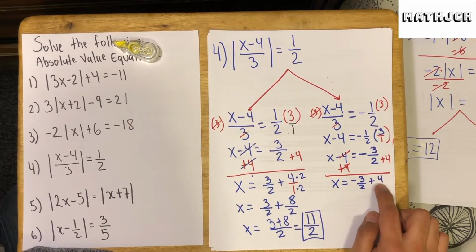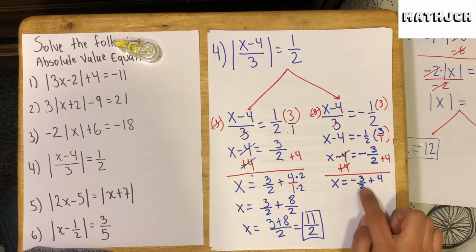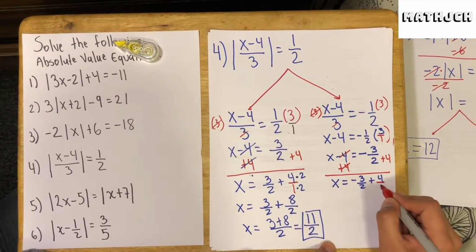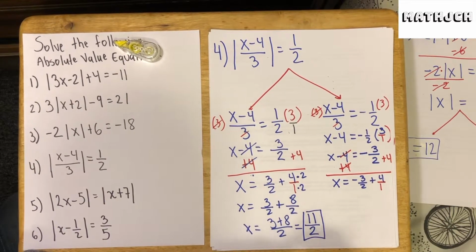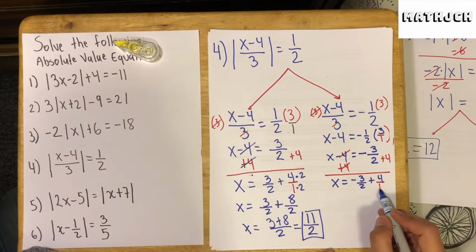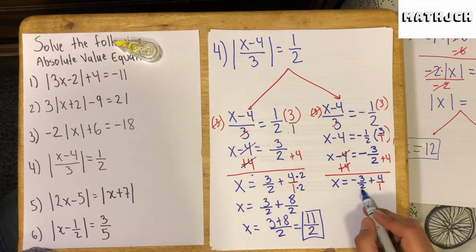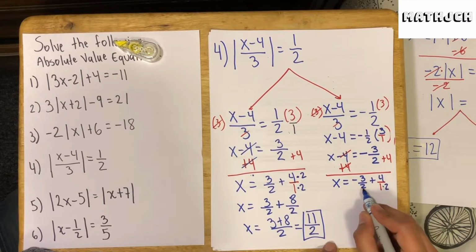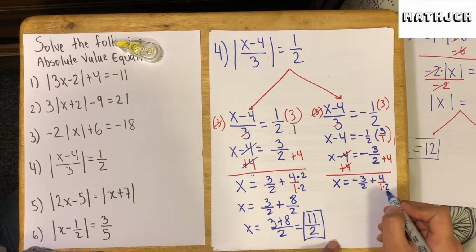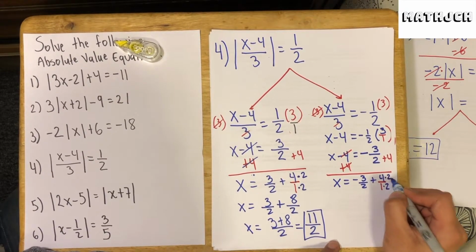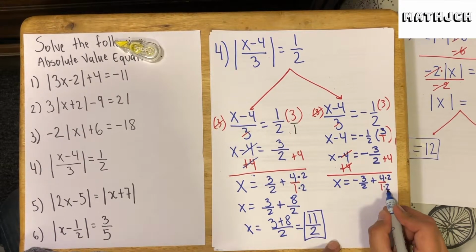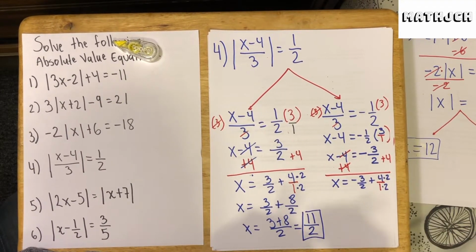Therefore, in order to add or subtract fractions, we need to have the same denominator. The denominator of 4 is automatically 1, but we can make this 1 into a 2 by multiplying by 2, because 1 times 2 gives me 2. But if I multiply the denominator, I also multiply the numerator. That is a rule.